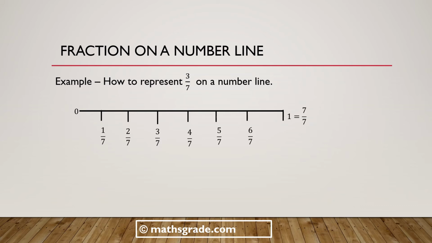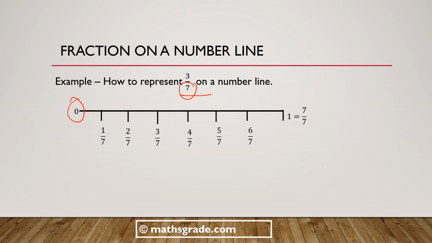Now how to represent the fraction 3 divided by 7 on the number line. This line is drawn and this point is 0. So here 3 divided by 7, we have to divide the line into 7 equal parts. Its denominator is 7.